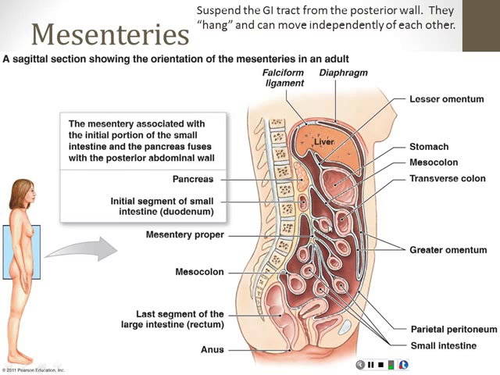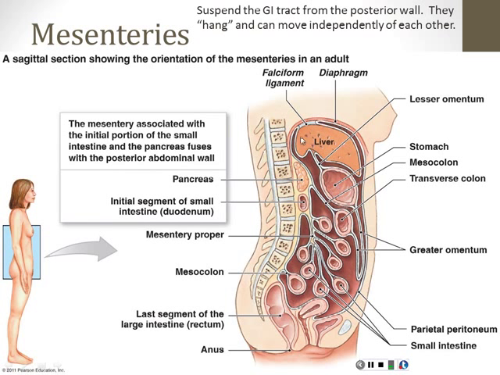So what we're looking at here is a sagittal section. So the person has been cut left and right. We're looking at it from the side. Here's the liver. We're going to talk much more about that next time. And here's the stomach right here. Large intestine here. This is all small intestine here. And you can see that these structures or organs are kind of hung from something else.